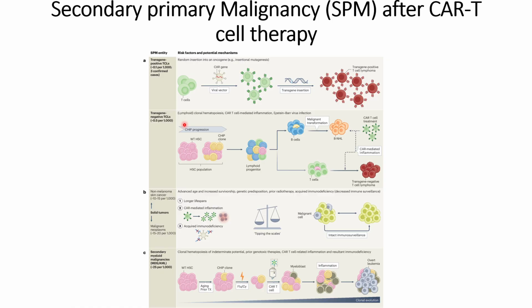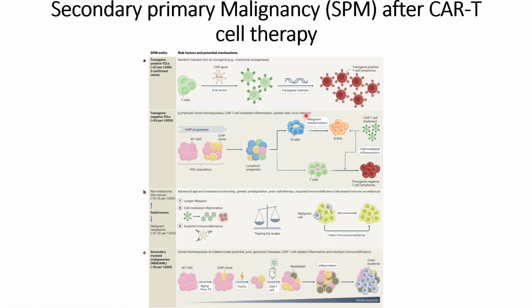In that case, these hematopoietic stem cells undergo differentiation or CHIP progression and form a CHIP clone, and this CHIP clone will lead to the lymphoid progenitor, which will then undergo differentiation, first towards the B cells and then into the B-negative T cell lymphoma.